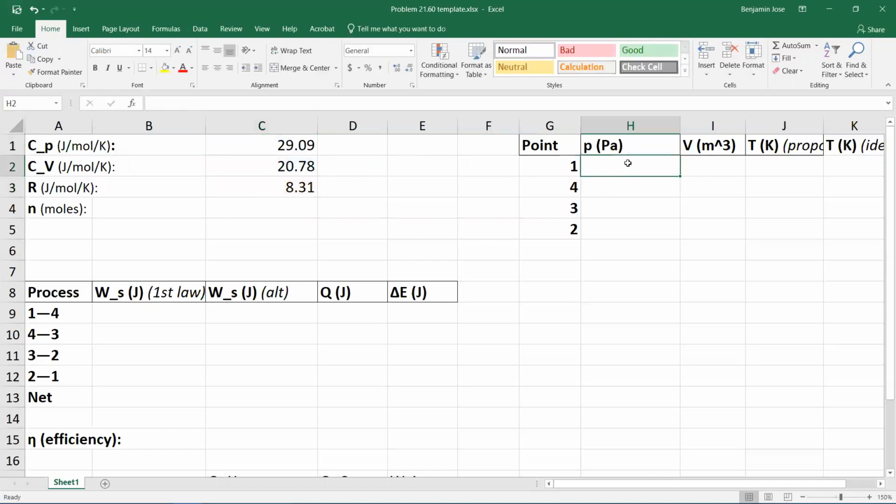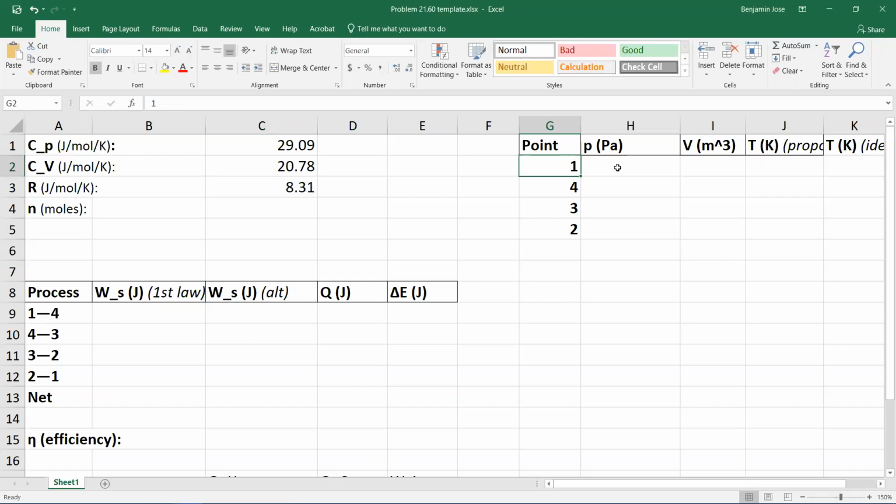And then let's fill in the data that we know. So remember, we're going counterclockwise now. Was it counterclockwise? Yes, counterclockwise around the PV diagram, starting in the upper left, starting at state 1. So these numbers are out of order because they actually do follow the order in which we encounter those states in the cycle.